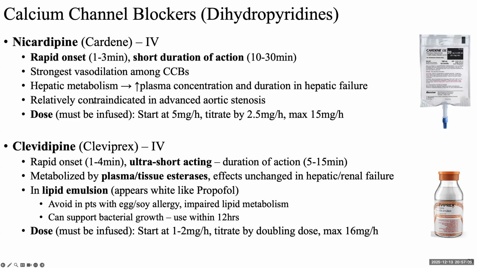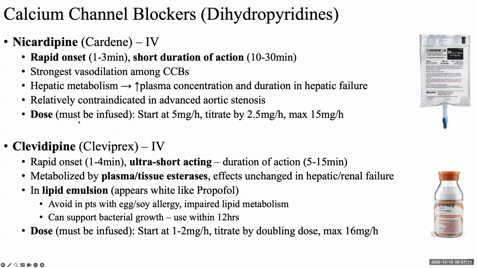So again, you want to be cautious. It's probably okay to use it if there's mild aortic stenosis, but you should probably avoid it if they're at a moderate to severe grade aortic stenosis.